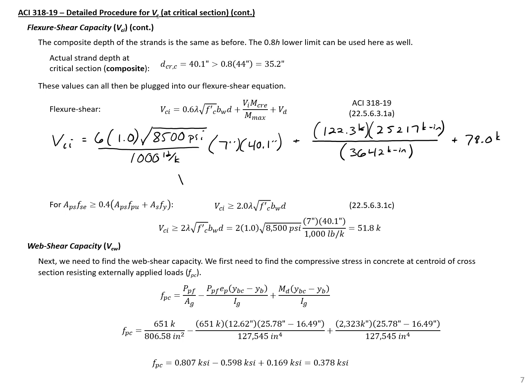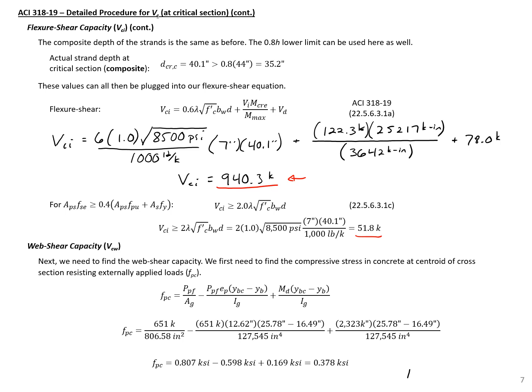So then we'll find our V sub CI here to be equal to 940.3 kips. We can see that this value is greater than our lower limit here, 51.8. So our VCI is equal to 940.3 kips.